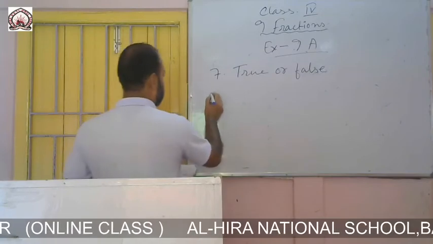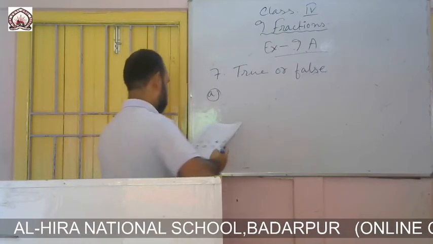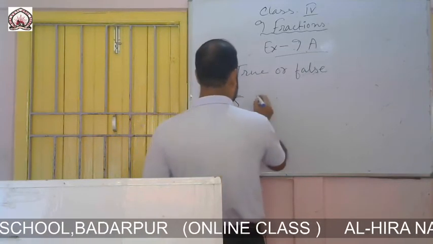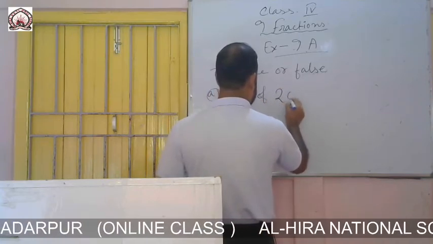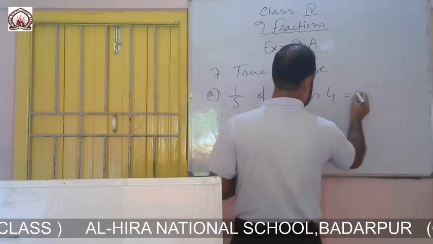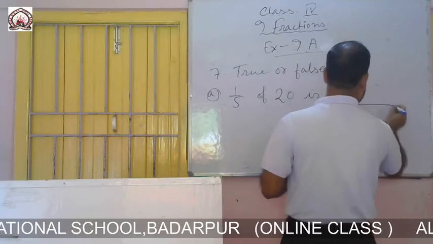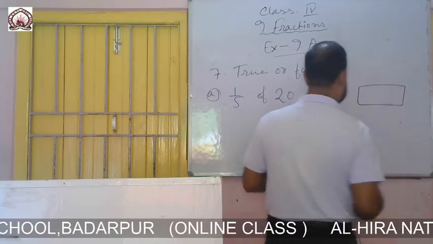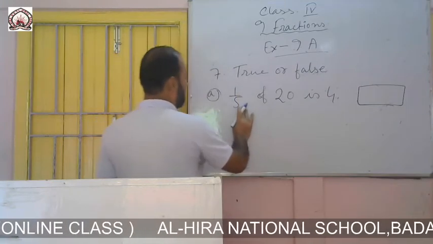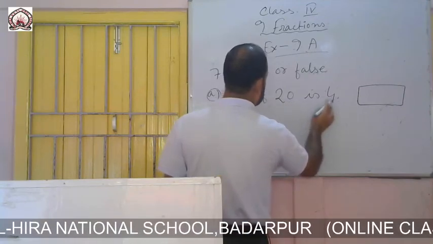Question number A. One by 5 of 20 is 4. We write true or false. So 1/5 of 20 is equal to 4.